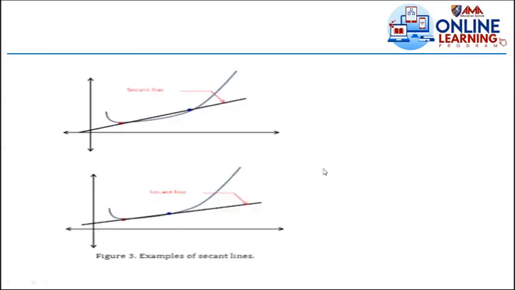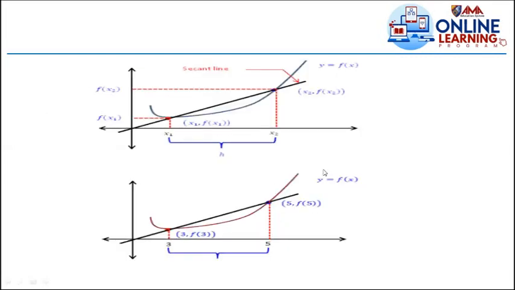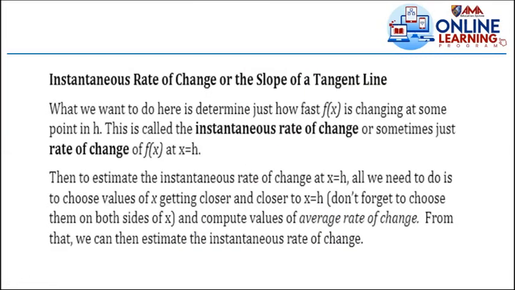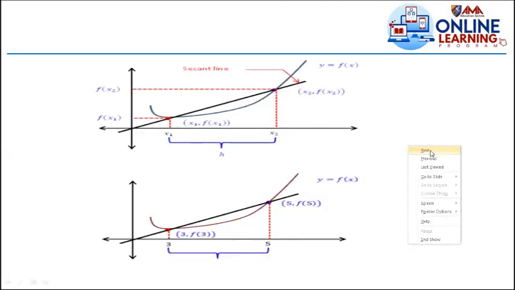In the tangent, we don't have that. So the values of x should get closer and closer to x equals a. Don't forget to choose them on both sides of x and compute values of the average rate of change. From that, we can then estimate the instantaneous rate of change.